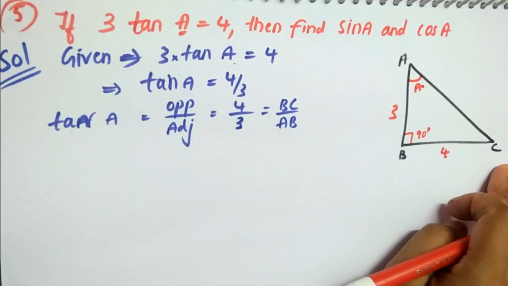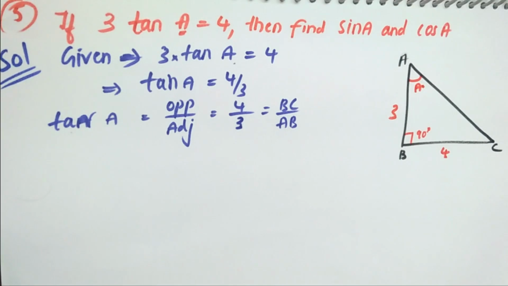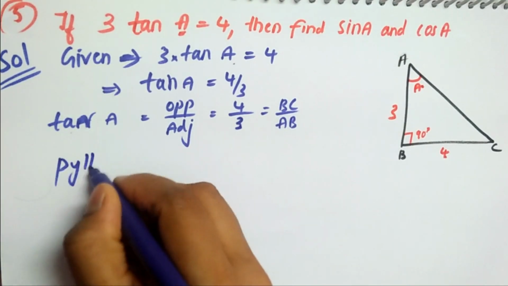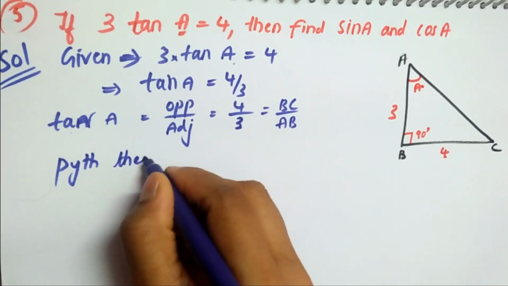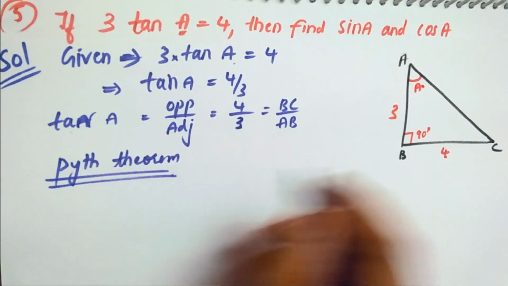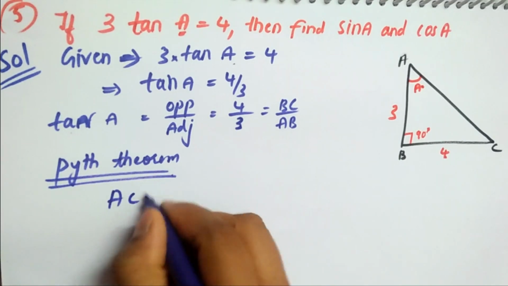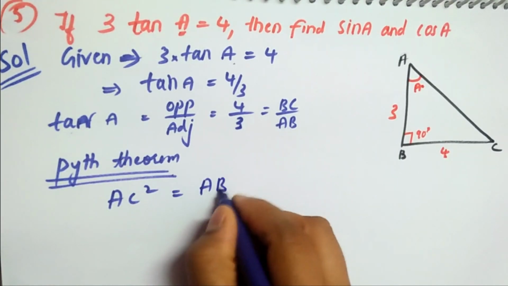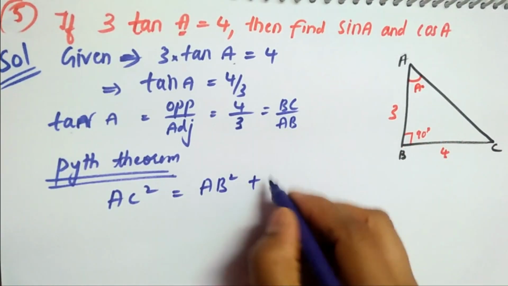Isn't it easy to get AC? Yes, it is very easy using the Pythagoras theorem. Always use the Pythagoras theorem. It says hypotenuse square is equal to the sum of the squares of the other two sides, AB square plus BC square.